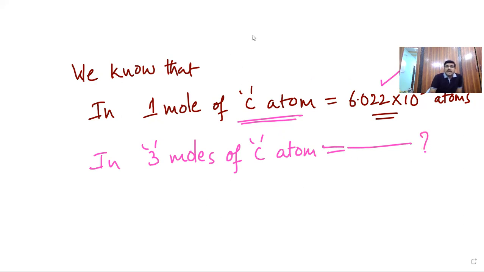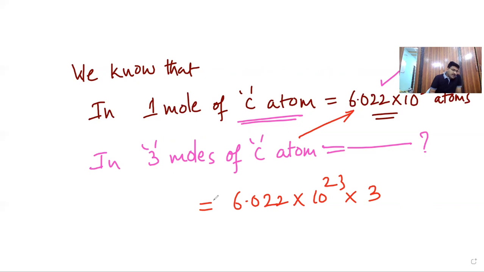Just simply cross multiply: 6.022 times 10 to the power of 23 multiplied with 3. So many atoms.